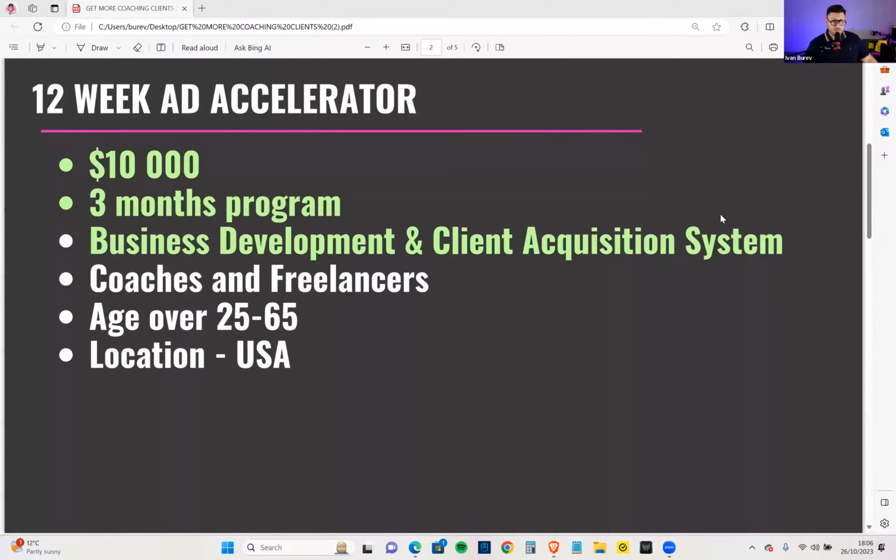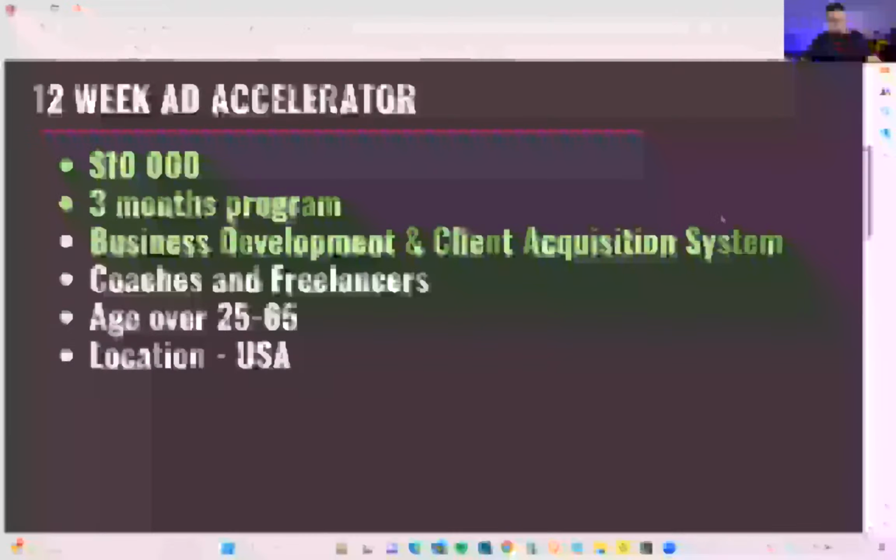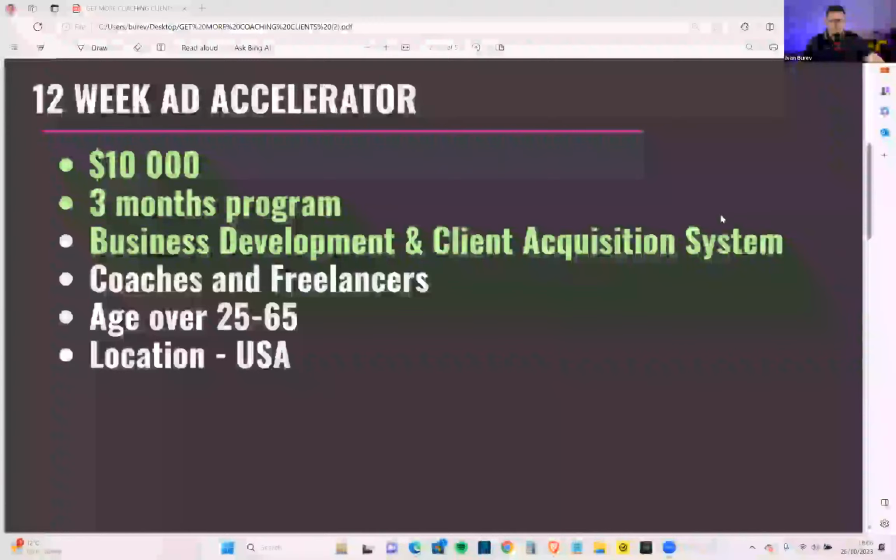The reason for that is that very rarely will anyone below 25 be able to afford $10,000 for a program, and the location is United States of America. So this is very simple.